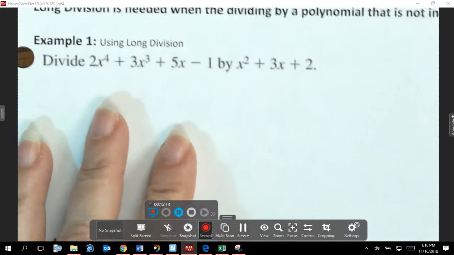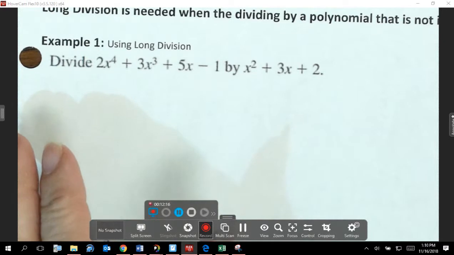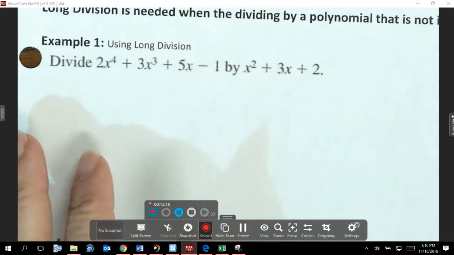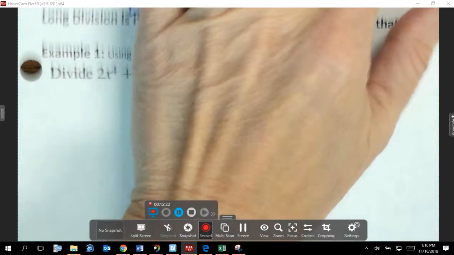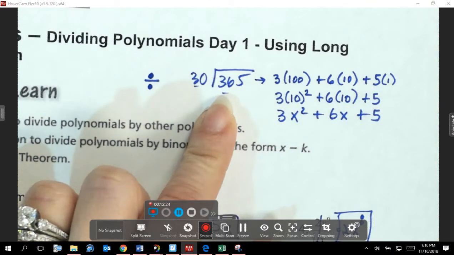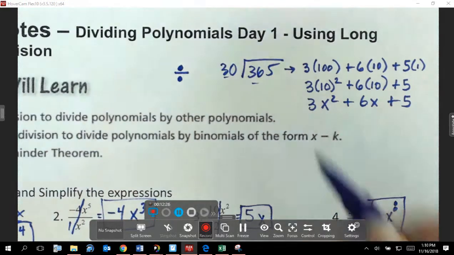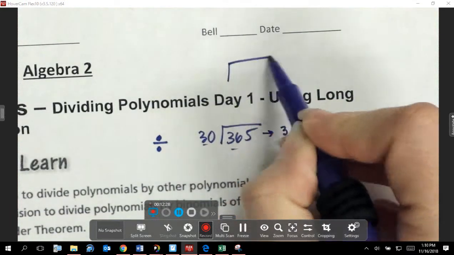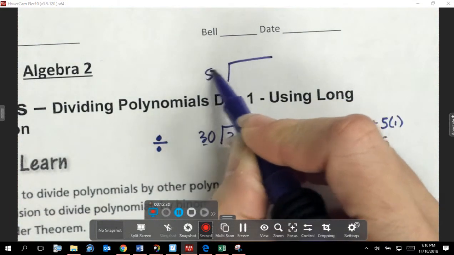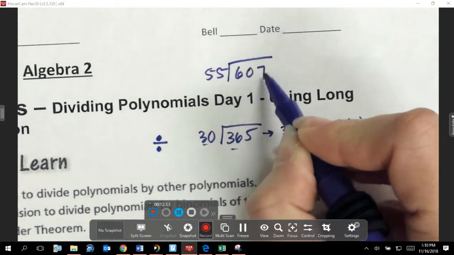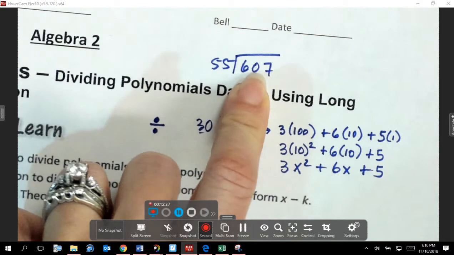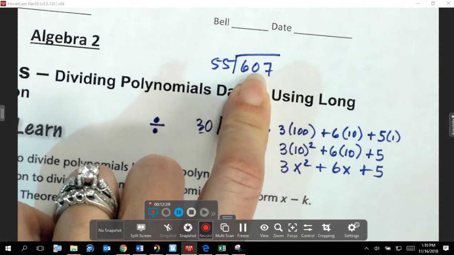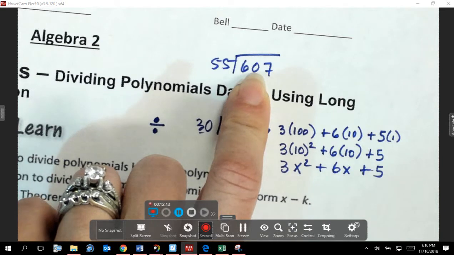So we've got our first question here, and before we start, what I always look for is something you might have problems with. I'll give you an example. If I were doing something like 55 into 607, what does the middle digit mean? That's the tens place, but does this mean 10?